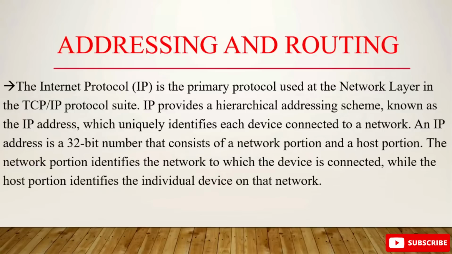Internet Protocol provides a hierarchical addressing scheme known as the IP address, which uniquely identifies each device connected to a network. An IP address is a 32-bit number that consists of a network portion and a host portion. The network portion identifies the network to which the device is connected, while the host portion identifies the individual device on that network.